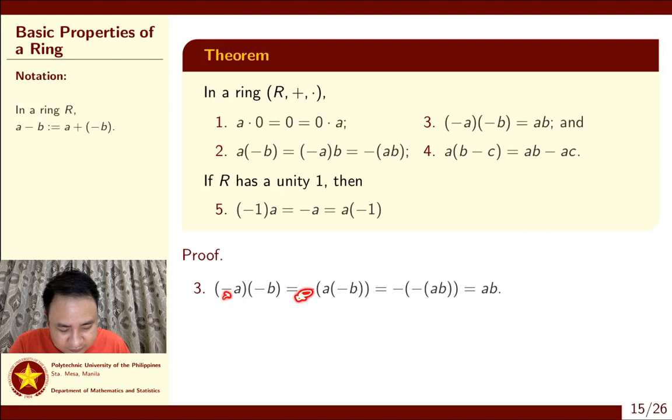Right? Tapos dito sa loob, i-apply mo naman yung pangalawa. Yung minus ng B, lalabas sa unahan. Now, ano yung inverse ng inverse ng AB? Well, in any group, that's the same as AB. That's it.